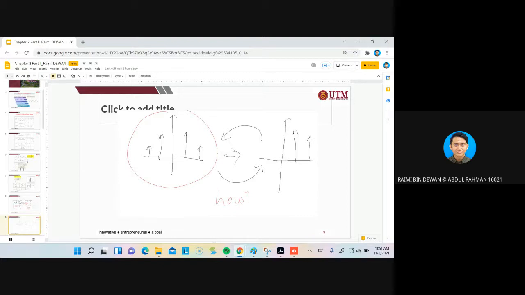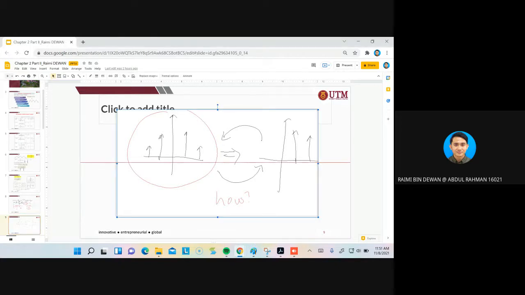I'm not sure if the Google Meet recording shows my cursor. Oh, it doesn't show. Okay, let's say the red circle is double-sided. If we want to convert to single-sided, what is the difference in magnitude?